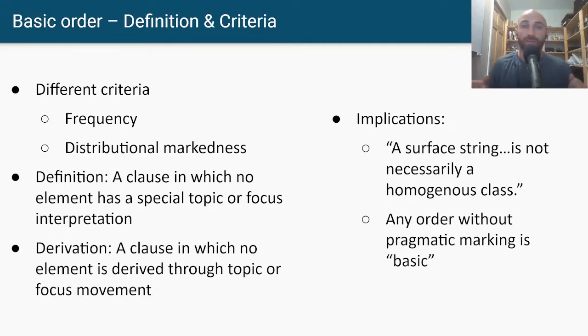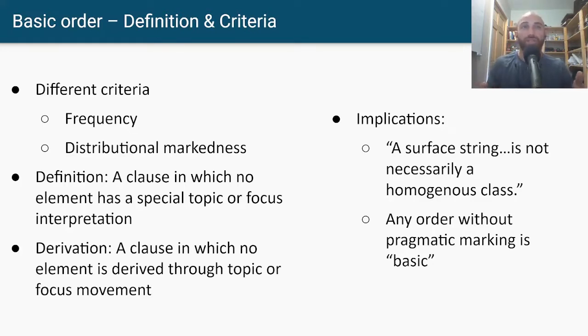So if we were to have SOV and VOS as two basic orders, or if we found clauses where it was clear that those orders were basic, then we would have to say that this language just has two basic orders, right?